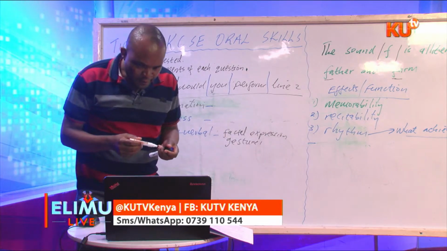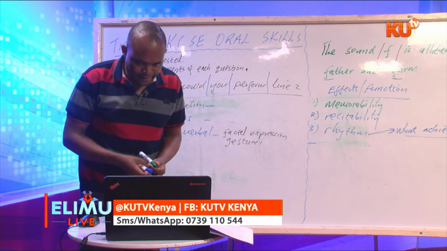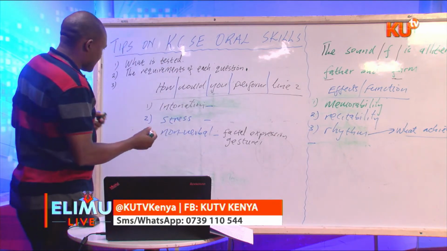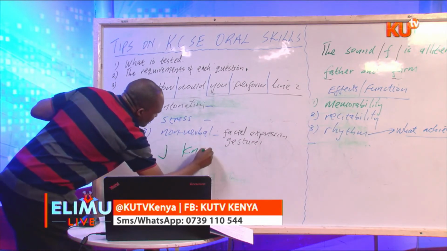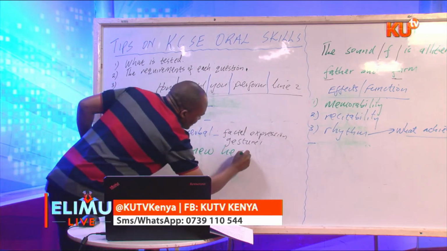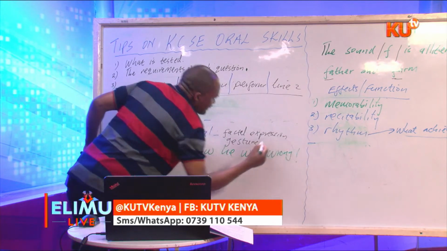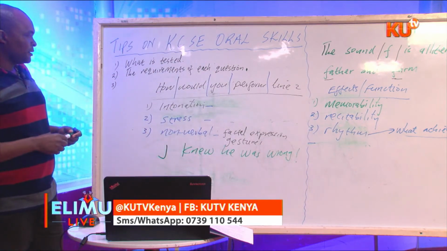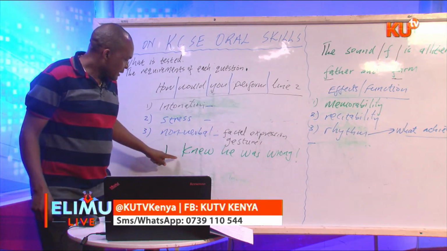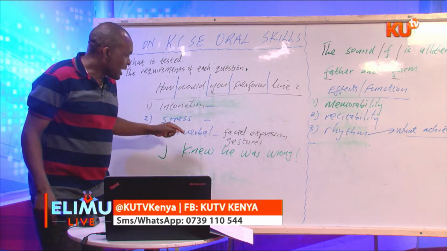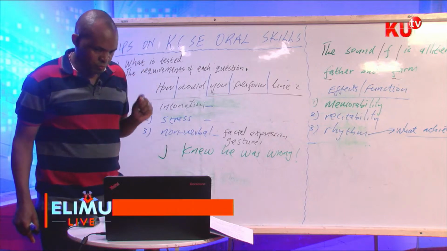For example, last year's short poem had this line, 'I knew he was wrong,' and it had an exclamation mark. In last year's KCSE paper, the students were asked, how would you perform this line? I knew he was wrong.